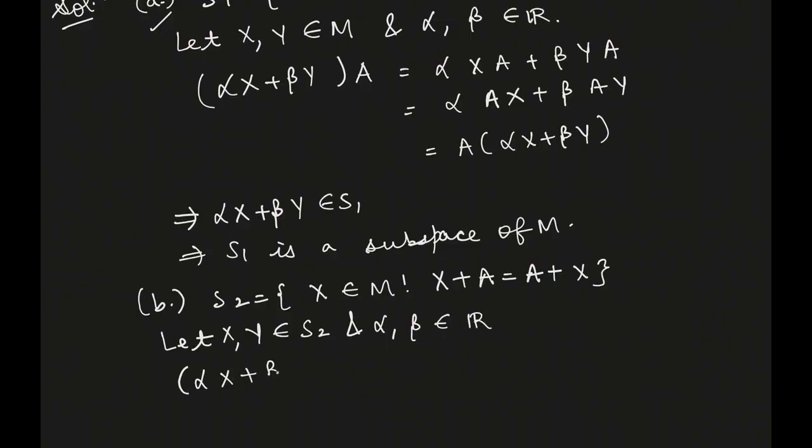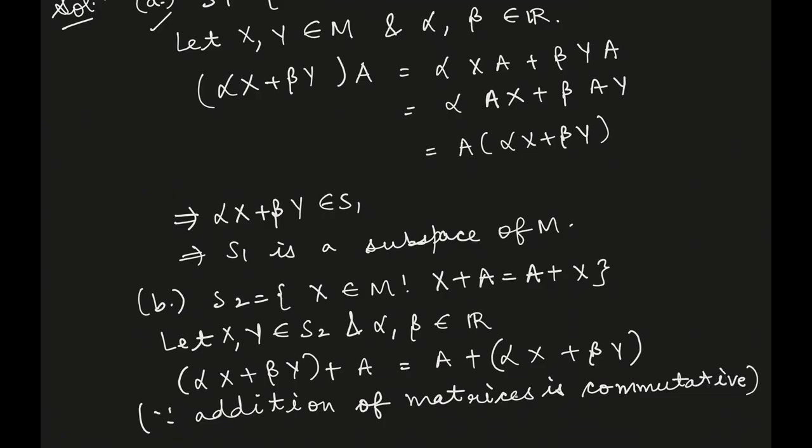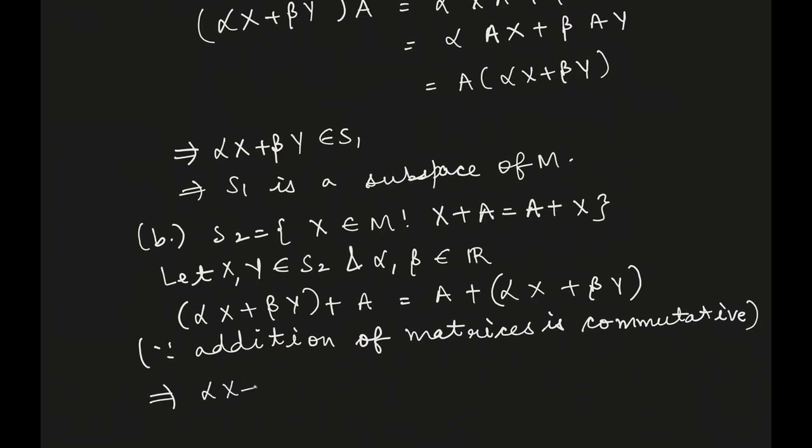Alpha x plus beta y plus a is equal to a plus alpha x plus beta y, because addition of matrices is commutative. Which means alpha x plus beta y belongs to S2. So S2 is a subspace of M. Option B is also correct.